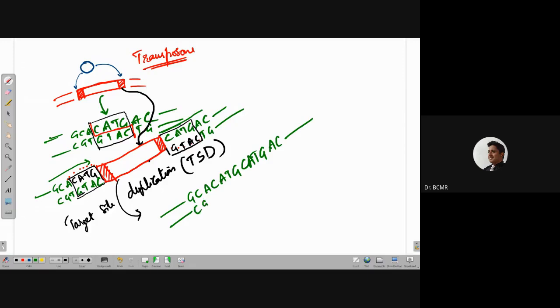The complementary strand is CGTACTG. I hope you can notice that this is the duplicated sequence. The original had one CATG, but now you have two sequences of CATG. This is the duplication. So the majority of transposons cause target site duplications like this.